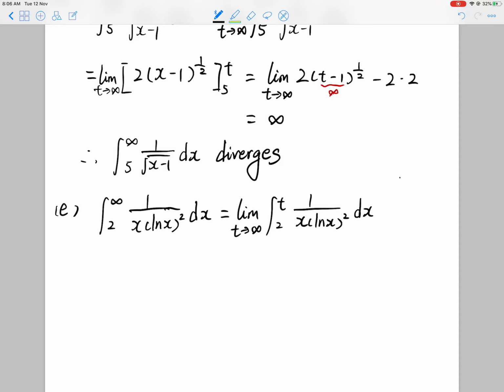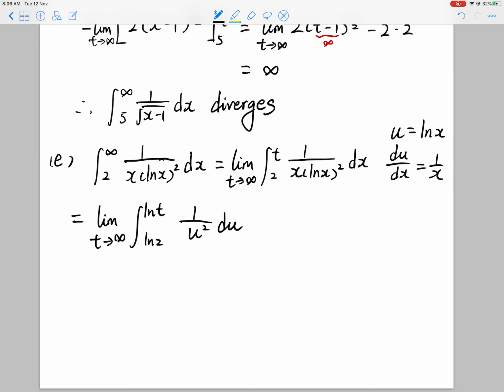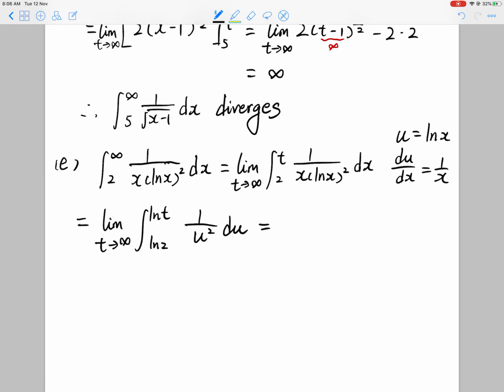Use the substitution u equals ln x, so du over dx is 1 over x, which means it's from ln 2 to ln t of 1 over u squared du.